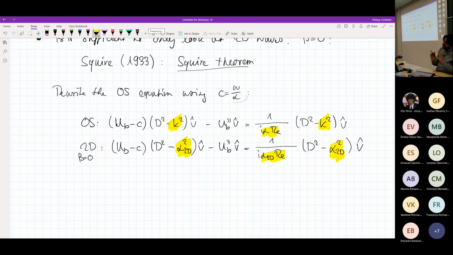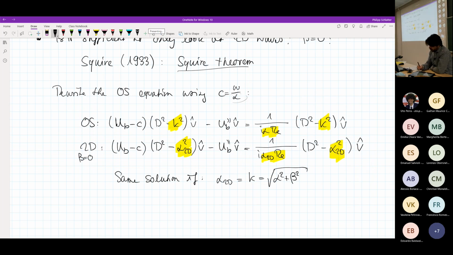That means if we somehow are able to match these terms, we will actually get the same solution for v hat. So we get the same solution if I match these, that means if alpha 2D would be the same as k, and k was the square root of alpha squared plus beta squared, right?